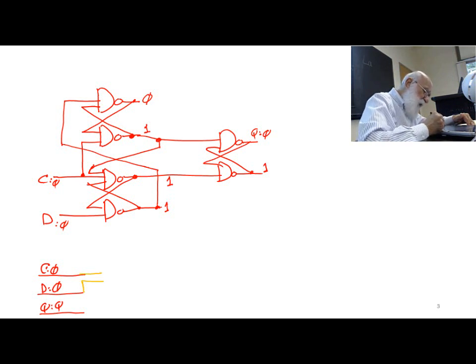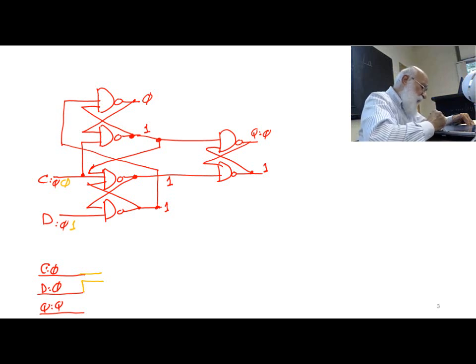I'm keeping my C at 0. I'm keeping my Q, well, I don't know what Q is, okay? What it means is this stays 0, this becomes 1.